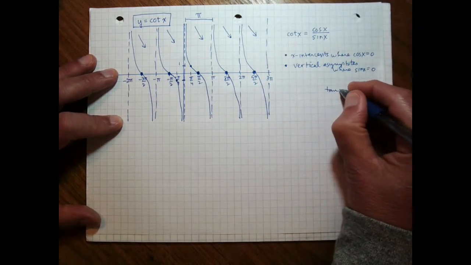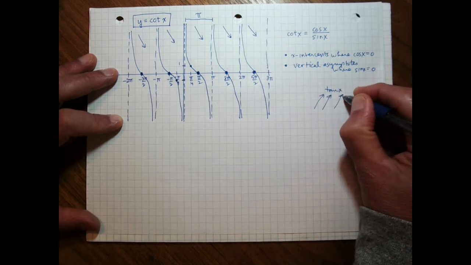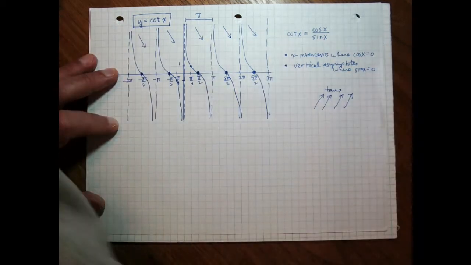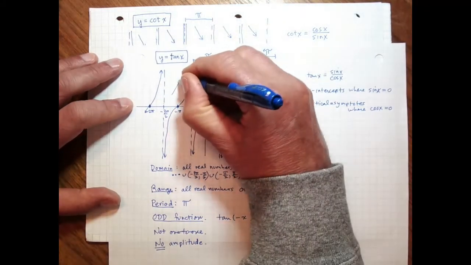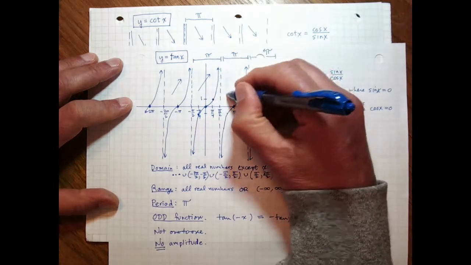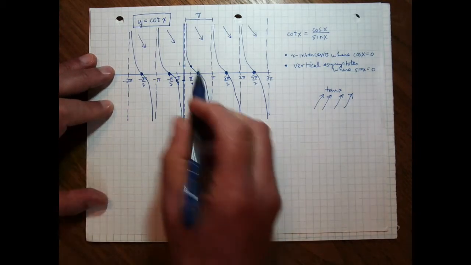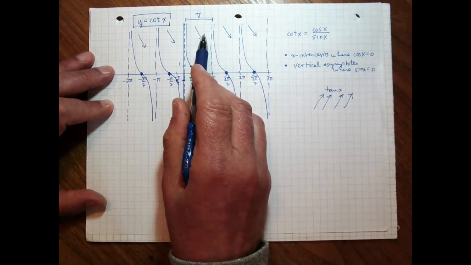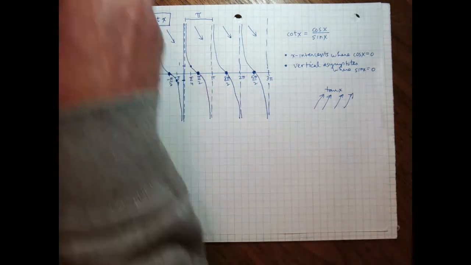If you were to graph tan x, the branches are all increasing as you move from left to right. If we compare our previous graph of tangent, all these branches increase from left to right. This distinction helps me keep from accidentally mixing up these two.